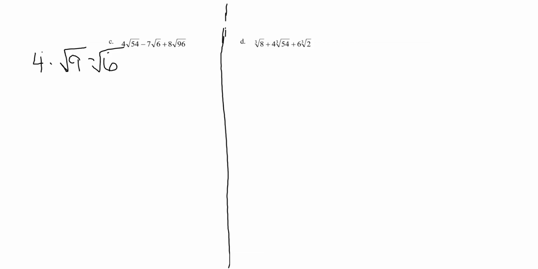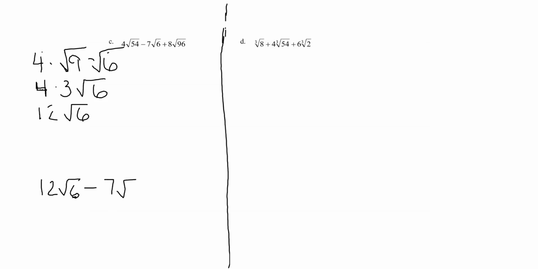The square root of 9 is 3, so I'm going to end up with 4 times 3, square root 6. 4 times 3 is 12, so I'll have 12 square root 6 for the first one. Then 7 square root 6, that's already simplified. I can't do anything with it. So I have 12 square root 6 minus 7 square root 6.